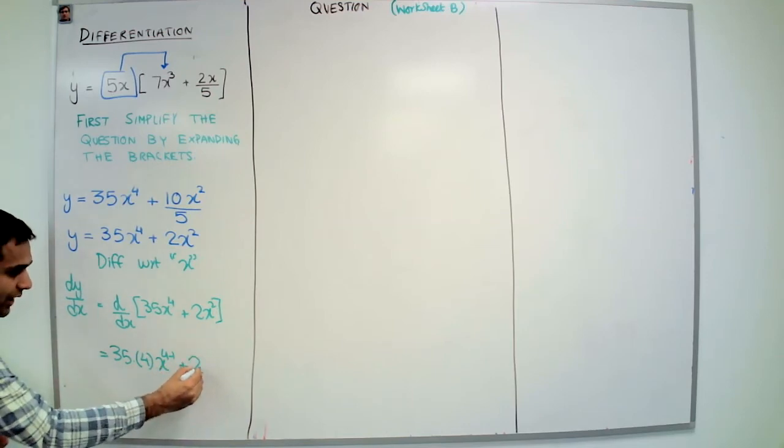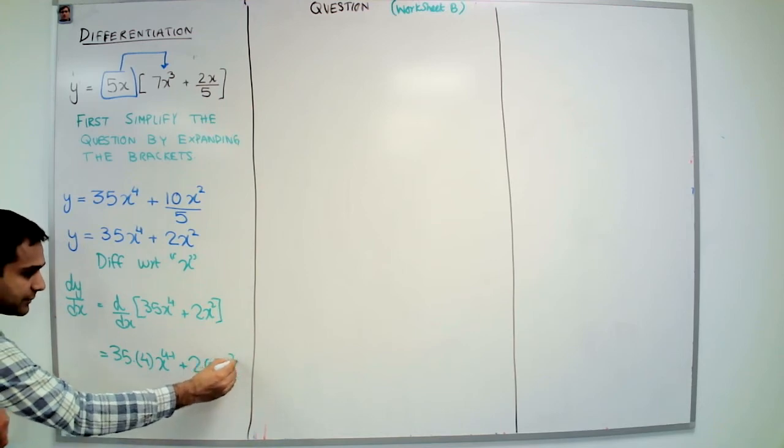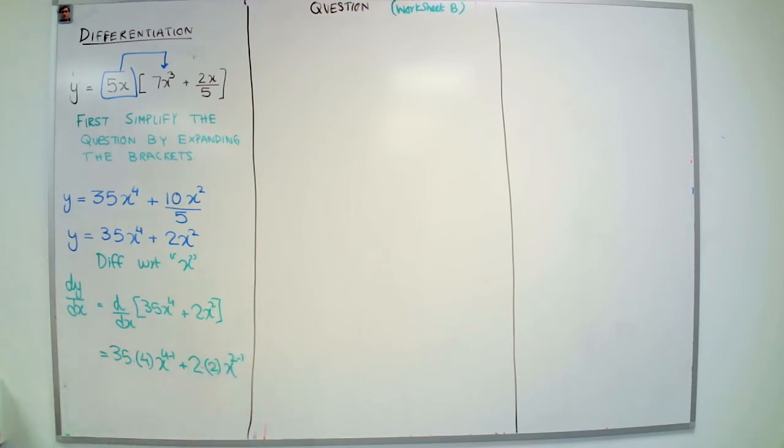Plus 2 comes out, reduce the power by 1. 35 times 4 is 140, and 2 times 2 is 4. So that's 140x cubed plus 4x. This is dy over dx, and this is your answer.